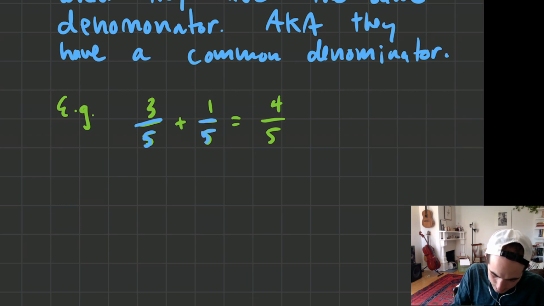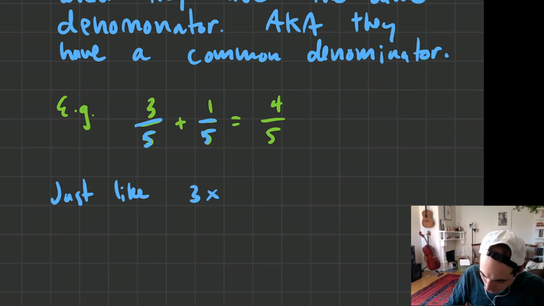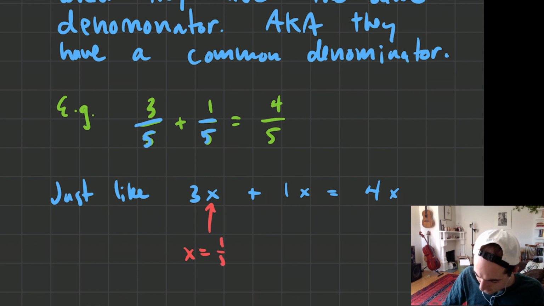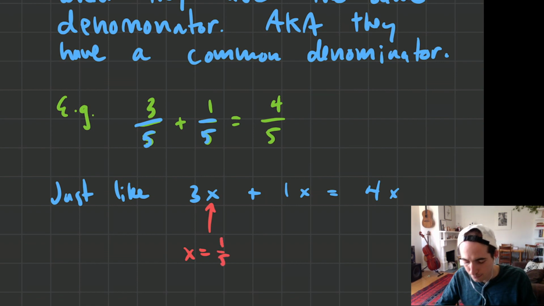This is just like 3x plus 1x is 4x. In this case, x is 1/5, right? That's what it means. 3 of these 1/5 plus 1 of these 1/5 is the same thing as 4 of these 1/5, right? So when the denominators are the same, we have no issues. All we have to do is add the numerators.